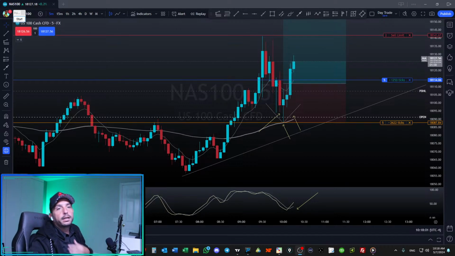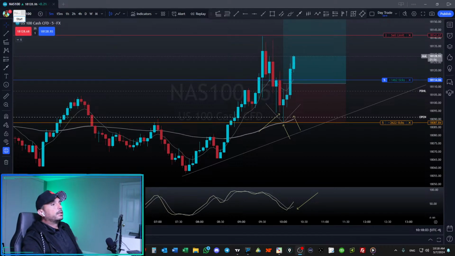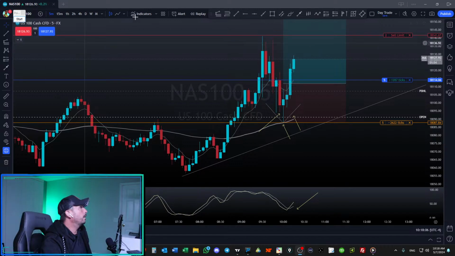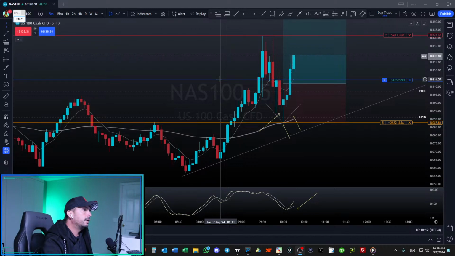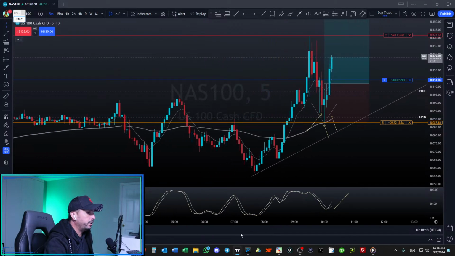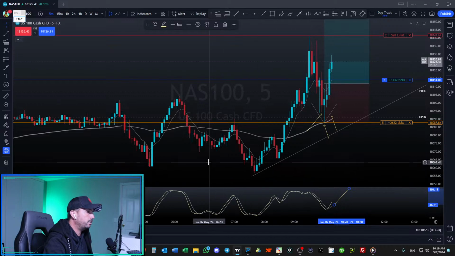We're going to look at it in a little bit. I just want to see if we're going to catch this first target, and then we can put the stop at break-even and start moving towards other things if we need. It did work pretty nice, this strategy, as you can see.